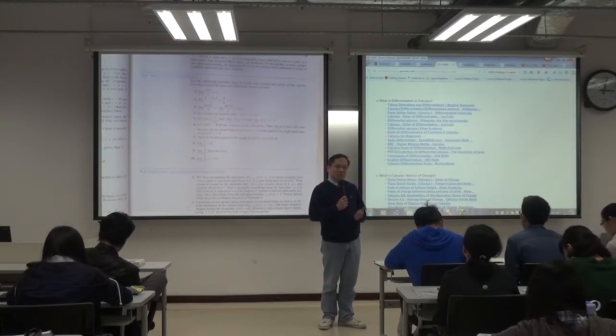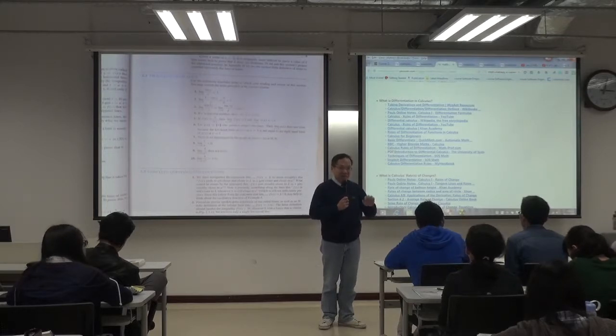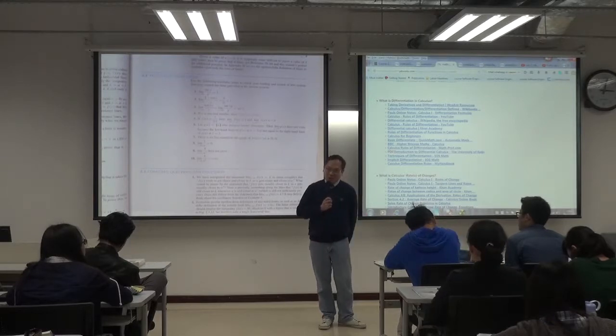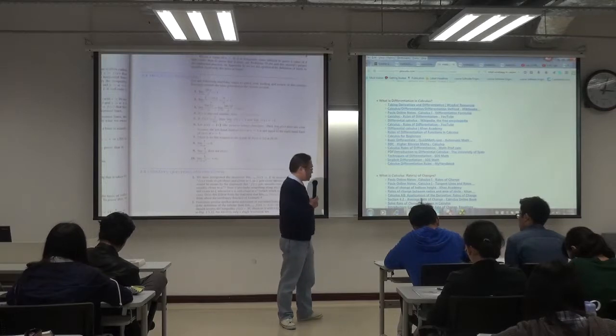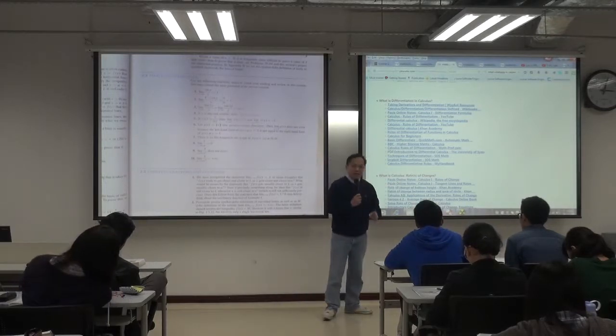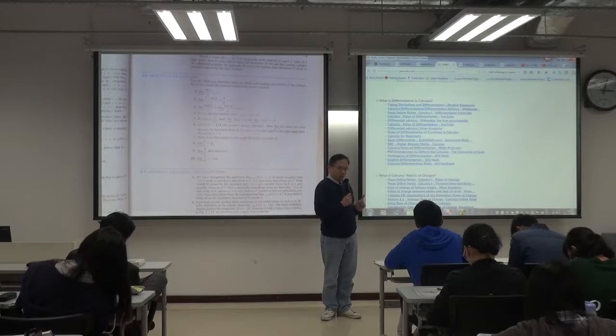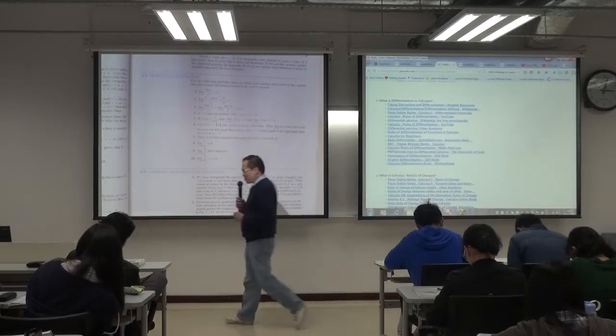What is meant by the geometric interpretation of differential calculus? We're interested in working on the slope function of a tangent line to a particular curve at a particular point, and that is called the geometric interpretation. When we talk about the rate of change, that is the physical interpretation.